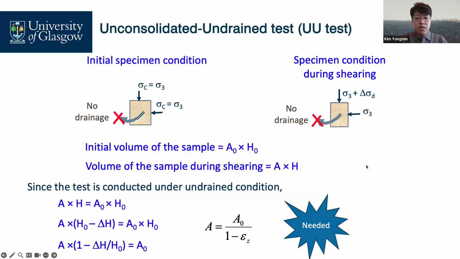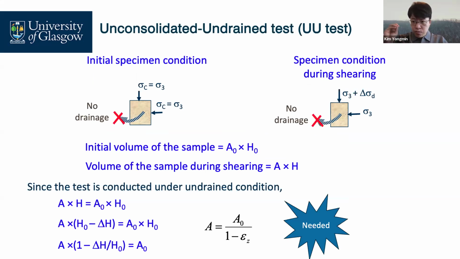Now we can consider unconsolidated undrained. Close the valve all the time. In your laboratory it is the UU.